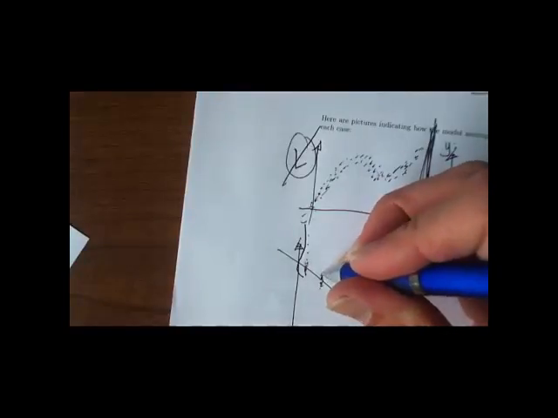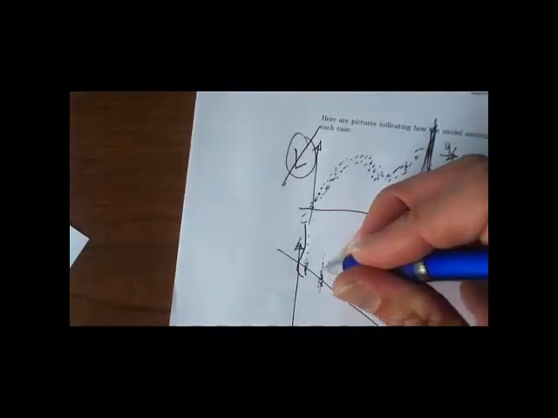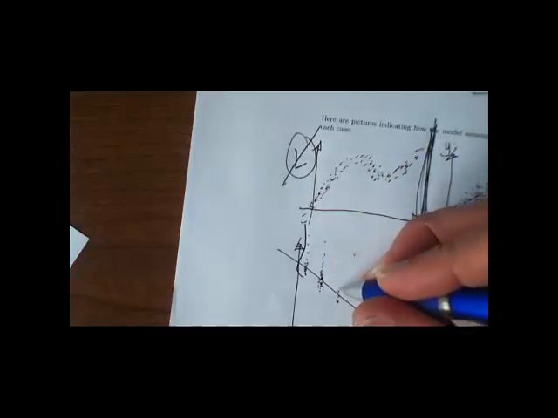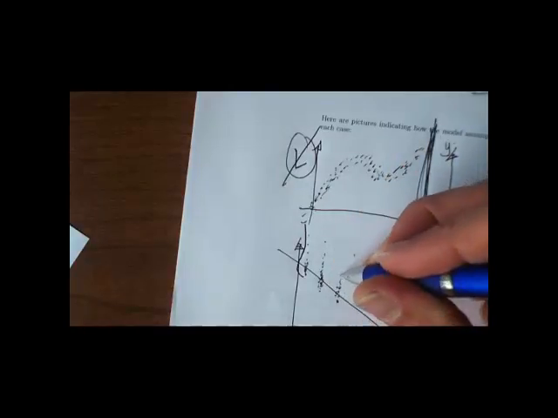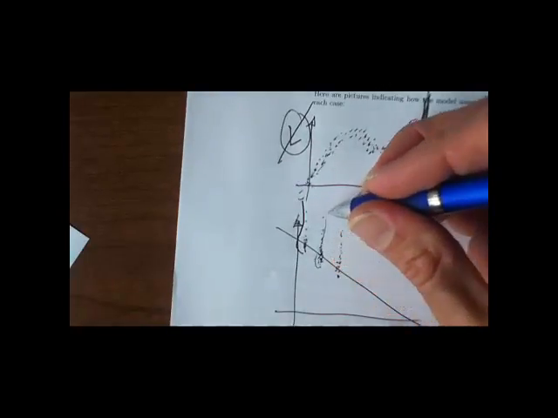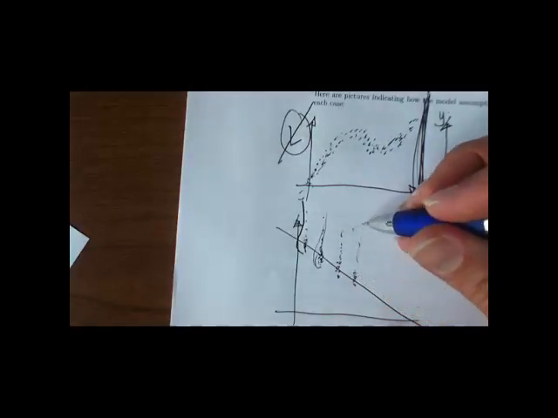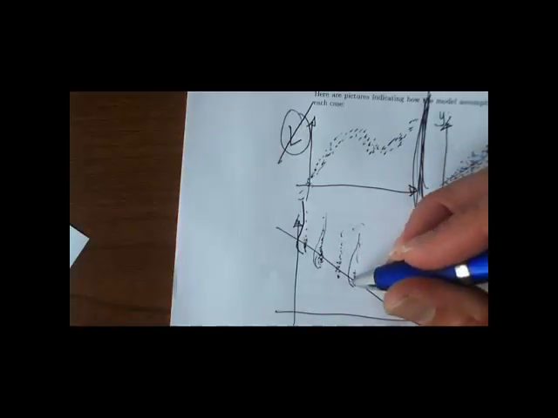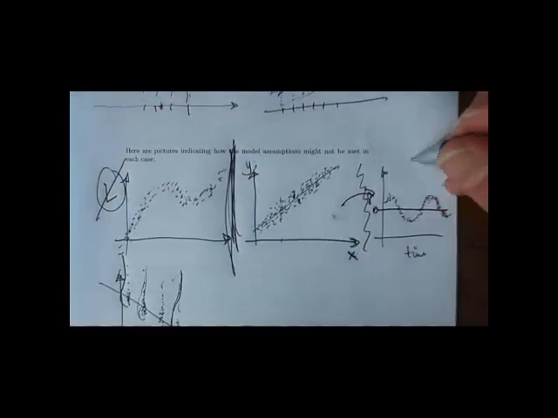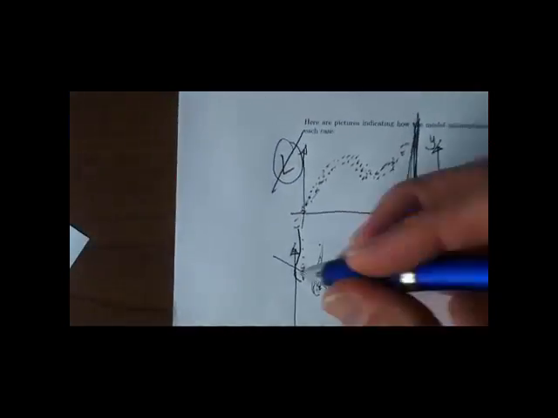You have a nice clustering in and around here, but it could be that you have something like this, so that the error terms are not normally distributed. What do you do in those cases? I don't know. Maybe you could transform the data somehow using a function, and we'll talk about that later on. So again, maybe these are not normally distributed. In the previous case the I assumption is not met, and in this case the normal assumption is not met.